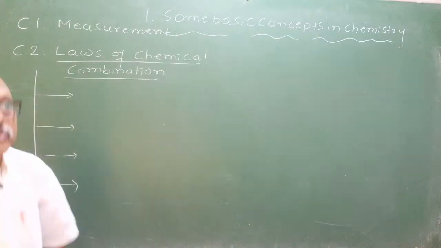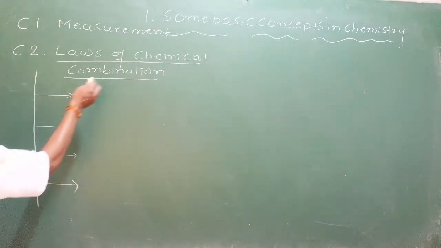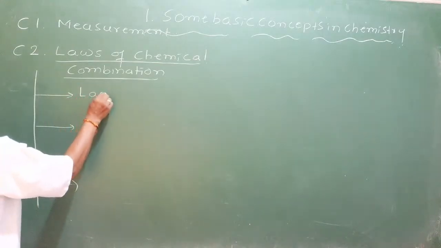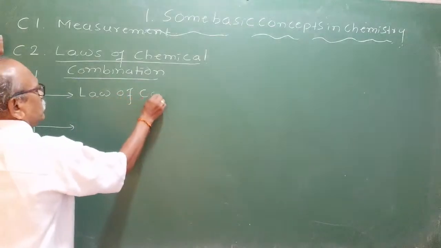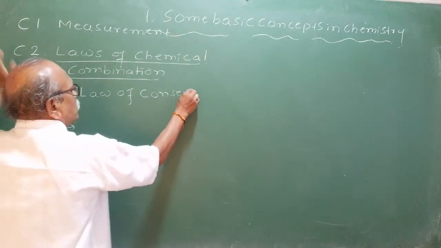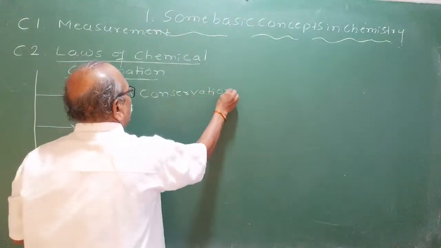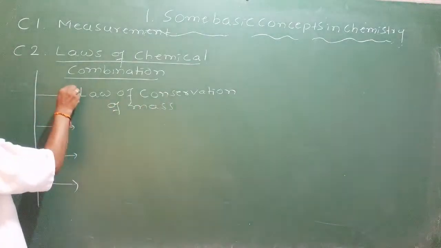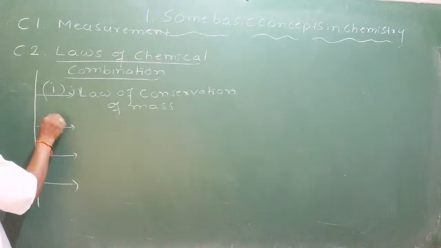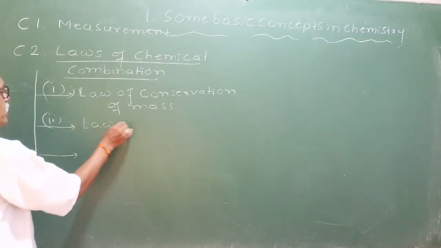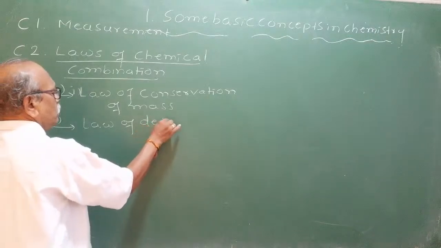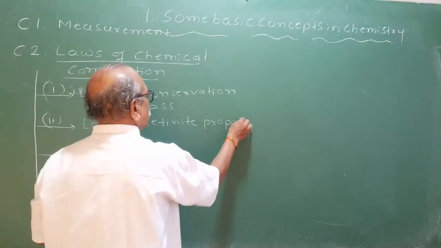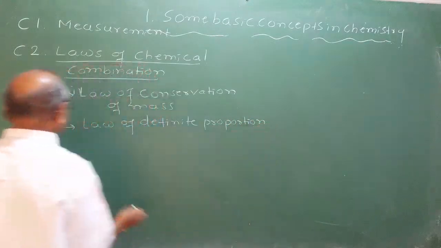See, the different laws were proposed by different chemists. The first law is called the law of conservation of mass. The second law is called the law of definite proportion.